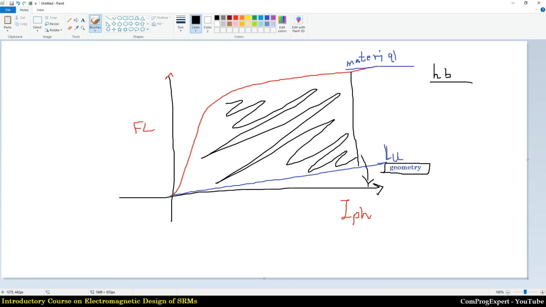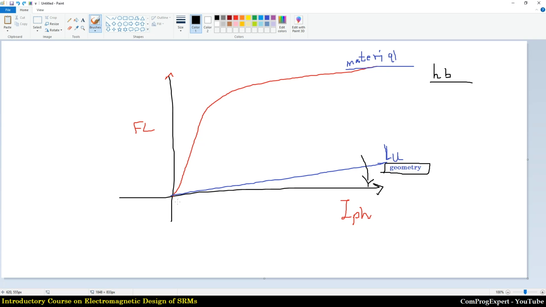Because we increased the area, we increased the electromagnetic energy, the converted energy, right? So this is important. How much can we optimize the rotor geometry? We can have these cases by optimization. We mean reduction of the unaligned inductance.